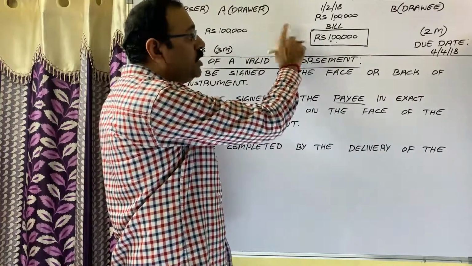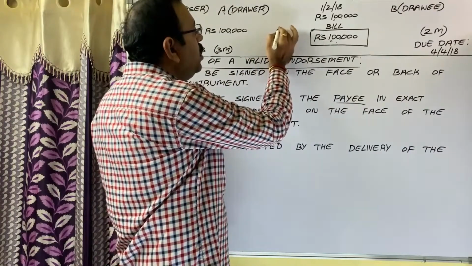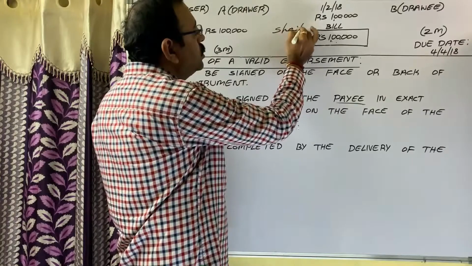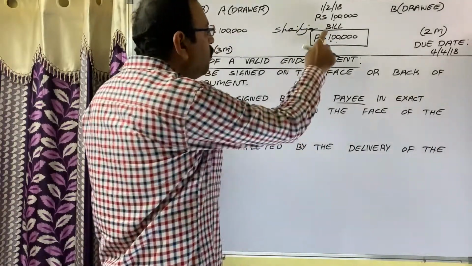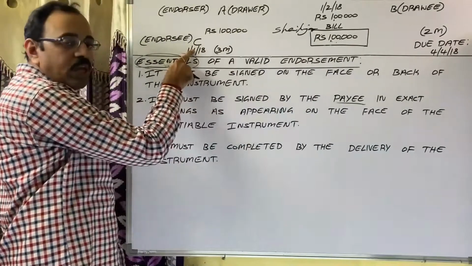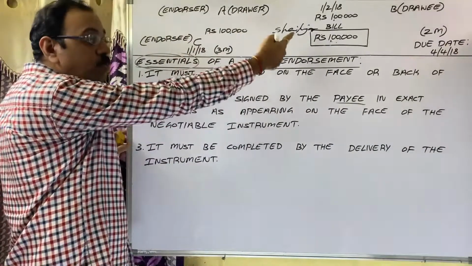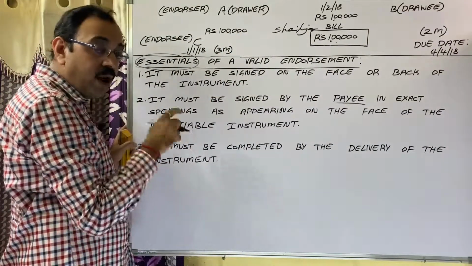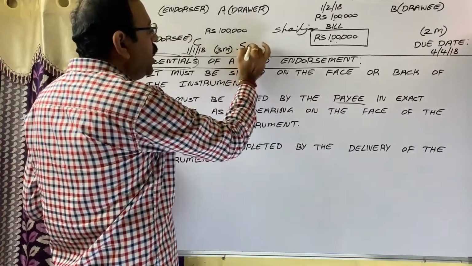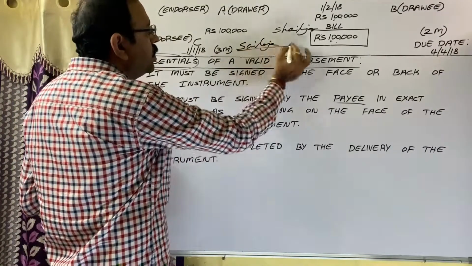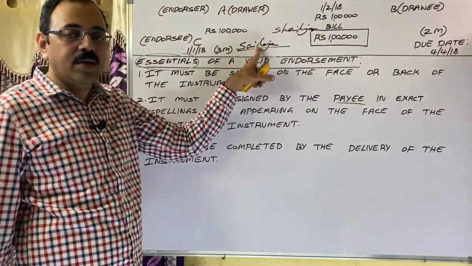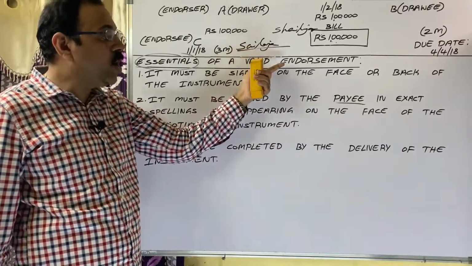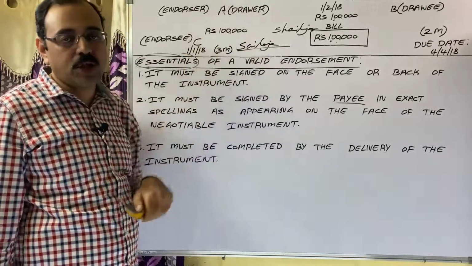Assume payee's name is Sailaja and she signed like this on this bill, SHA. And while endorsing this bill to C, again she has to put her signature on the bill. While signing, she signed like this, SCILAJA. So signatures are not tallied. In that case, this endorsement will not be a valid endorsement.